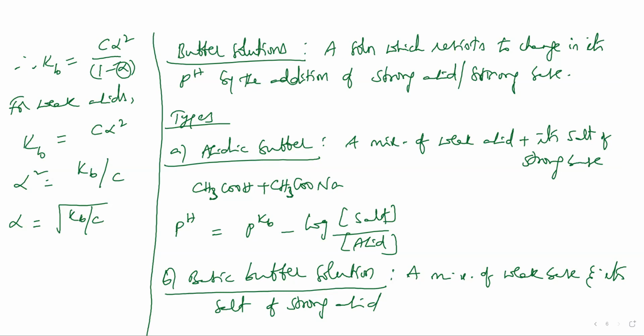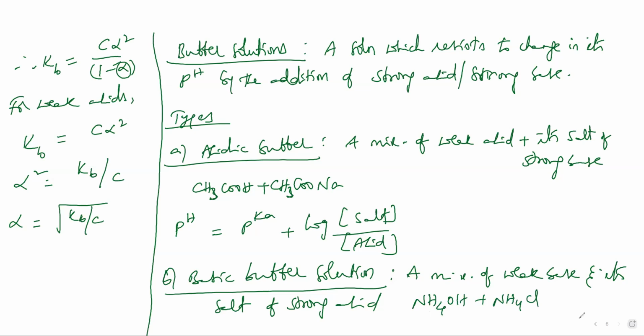And just one correction here. One small correction here: pKa plus. So here, for example, weak base ammonium hydroxide plus its salt of strong acid, ammonium chloride.